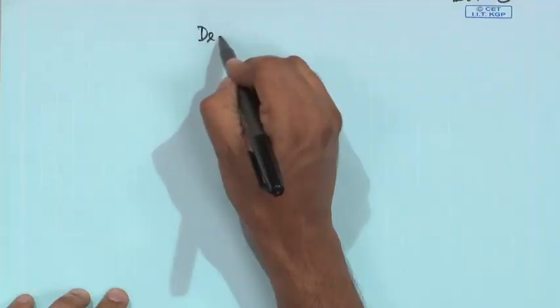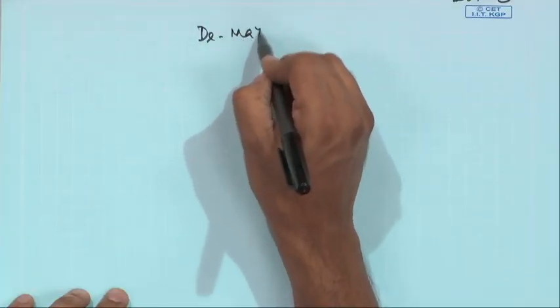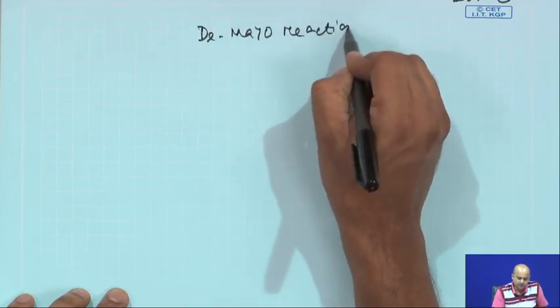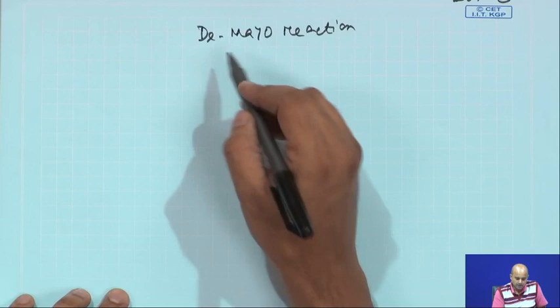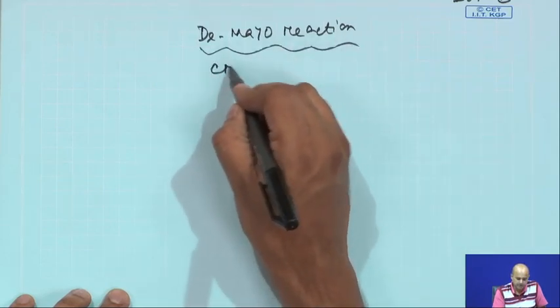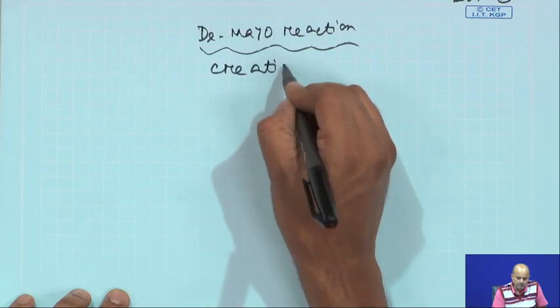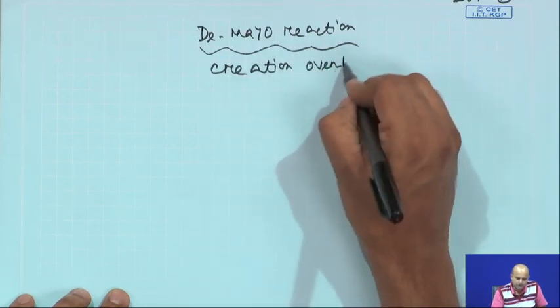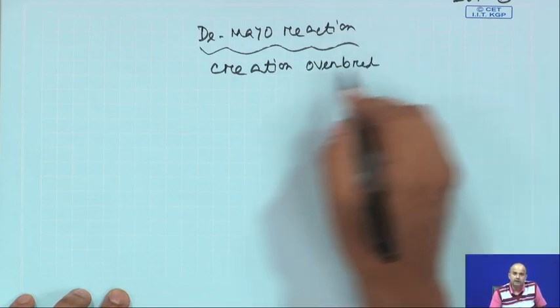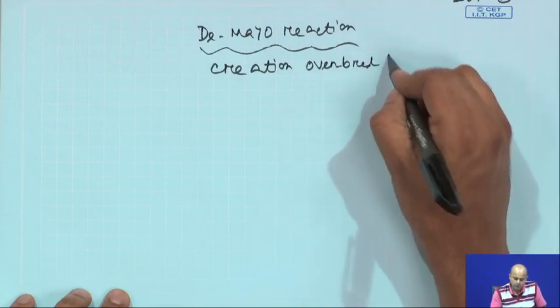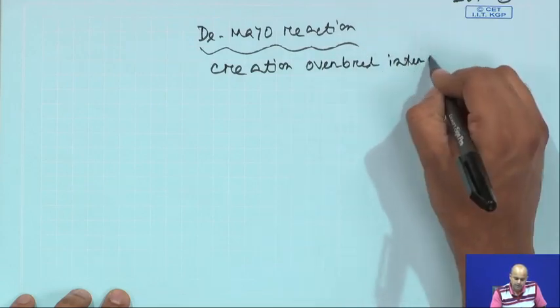I am saying that the de Mayo reaction is principally nothing but the creation of an overbred intermediate. If you remember, we discussed the de Mayo reaction very often during our whole coursework.